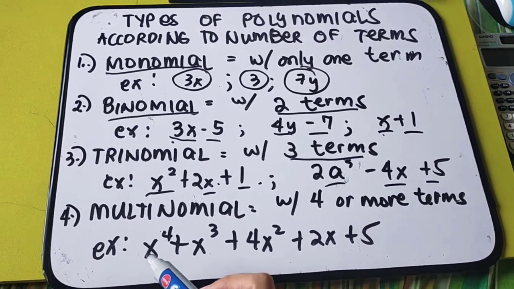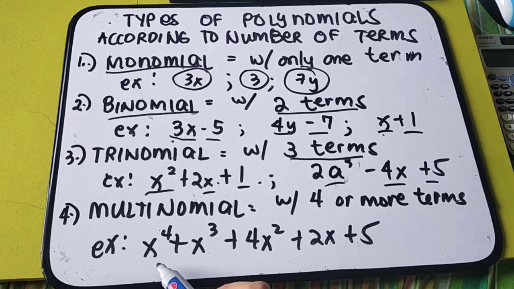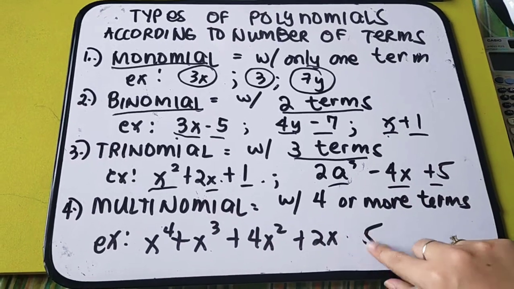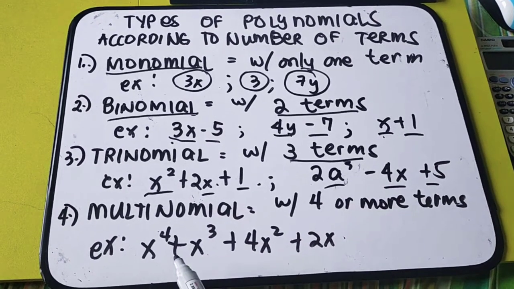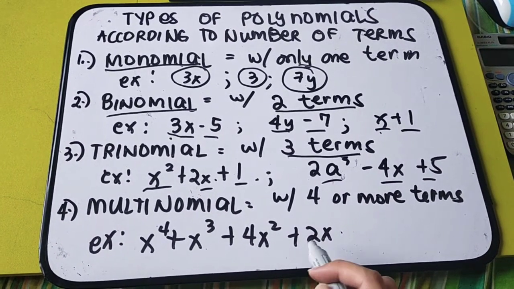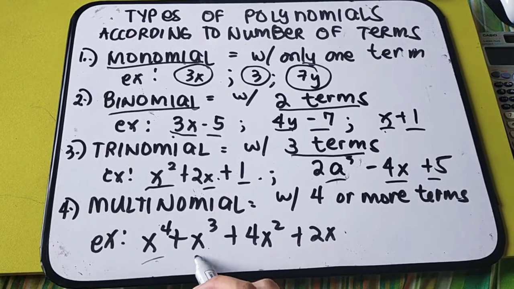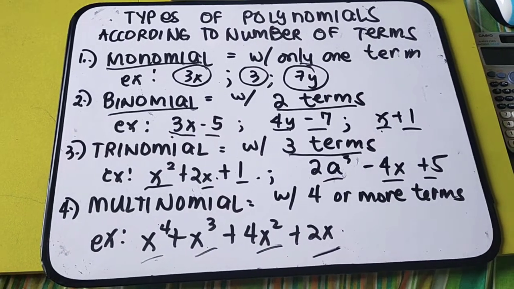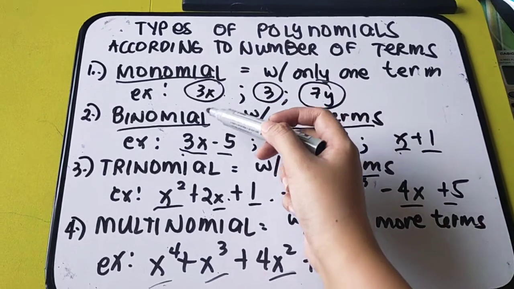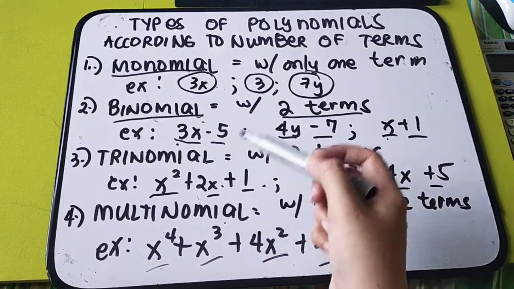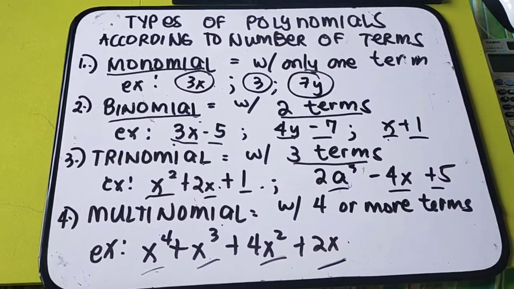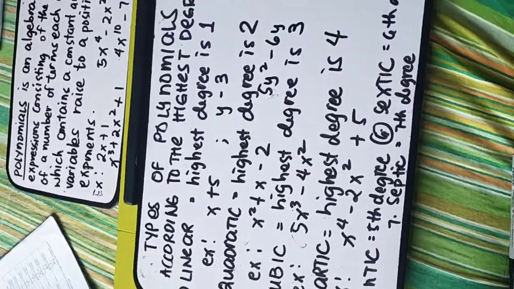So, we have here x raised to 4 plus x cubed plus 4x squared plus 2x. So, we have 1, 2, 3, 4. Is it clear? Again, we have monomial, binomial, trinomial, multinomial according to the number of terms.